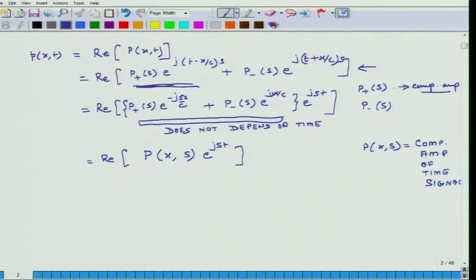Now in most cases s is equal to j times omega.